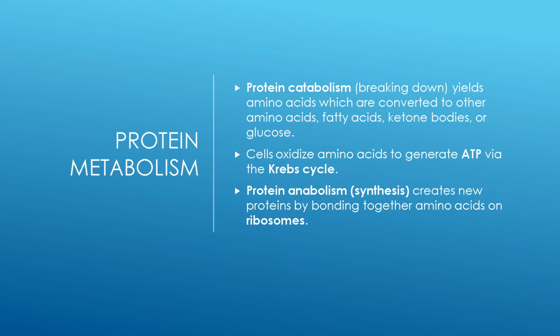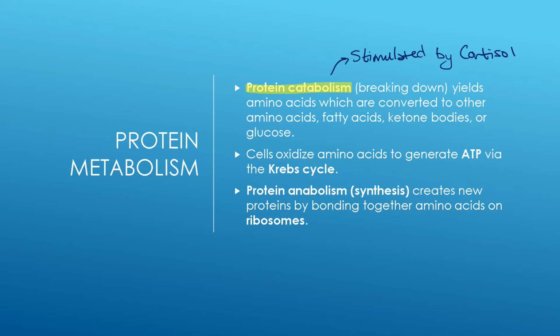A certain amount of protein catabolism occurs in the body each day. This is generally stimulated by cortisol from the adrenal cortex. Some of these amino acids are converted into other amino acids.